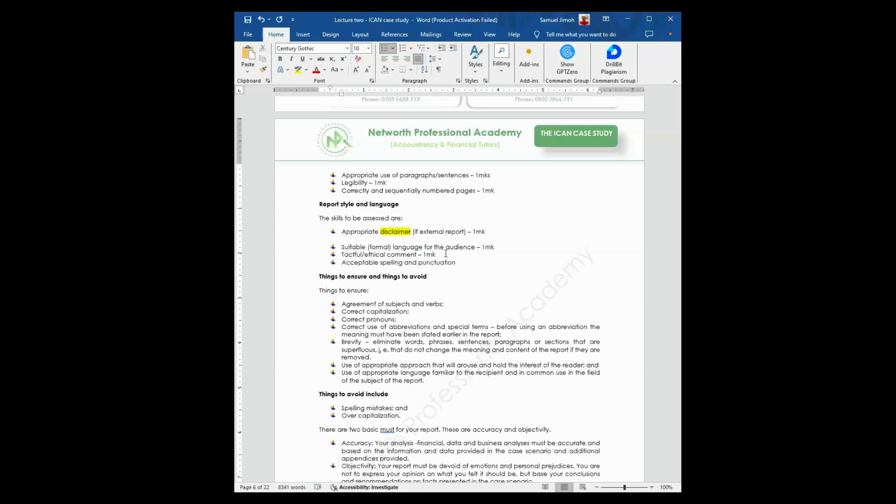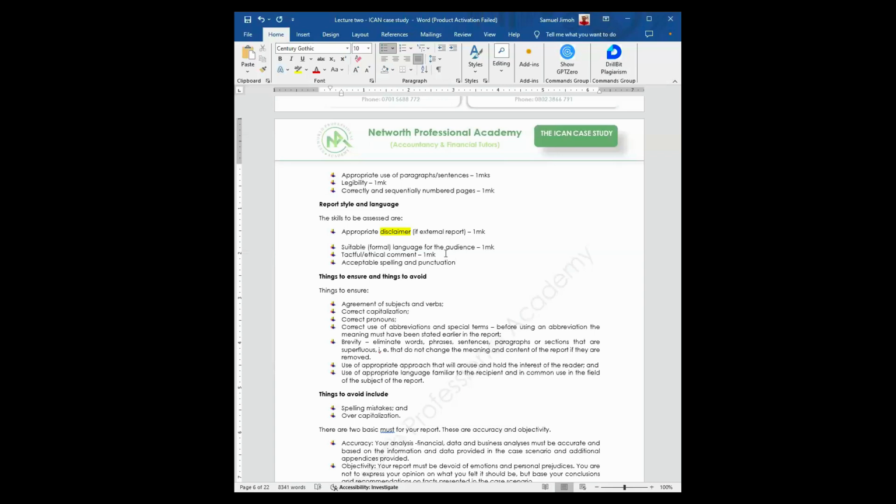But as a professional, you don't just make such a comment. You can say that the appraisal of the investment shows that it will generate a negative return. Instead of saying they should reject, you say that before the management make the final decision, they should consider some other factors.